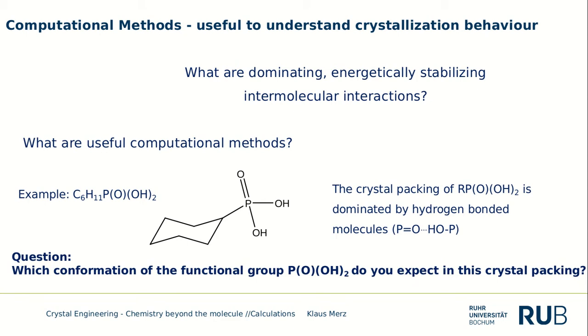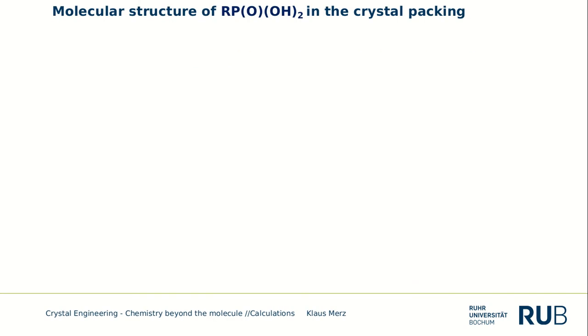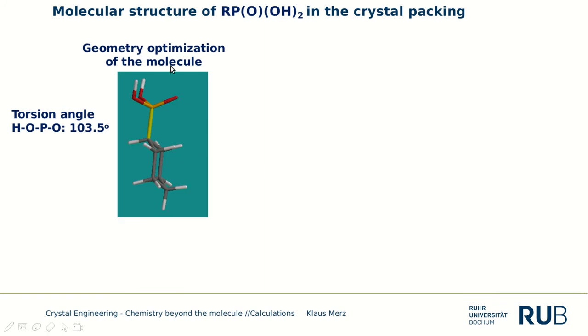How can we calculate it? Think about it. Well, one possibility is to make a geometry optimization of a molecule. You can do it very easily. Gaussian, for example, is a very useful program. And then you will get this result very quickly.